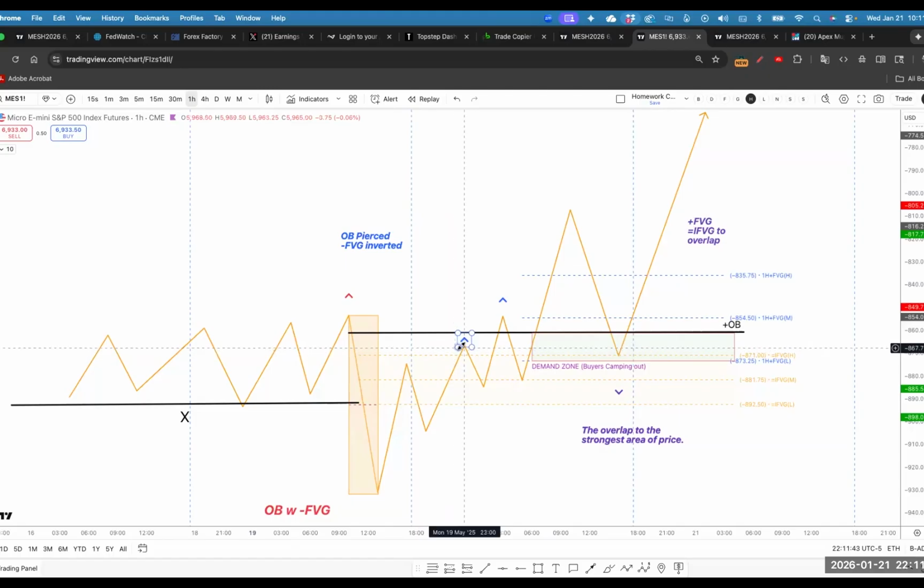Once you see us outside of the fair value gap, like this little blue arrow right here, and above this order block, we should see a new fair value gap get created. That's a fair value gap. This would be the equivalent of us getting a 0 to 1 move right here, which would be the start of the move to the upside.